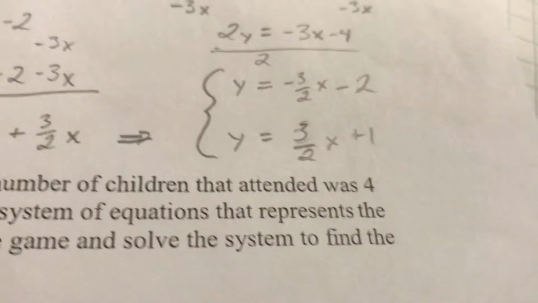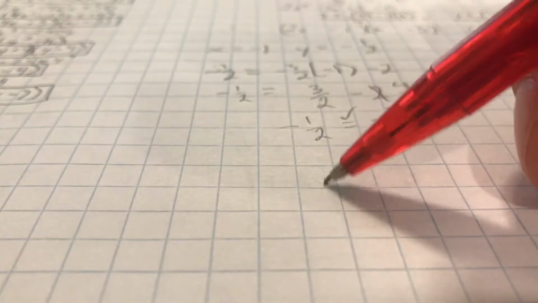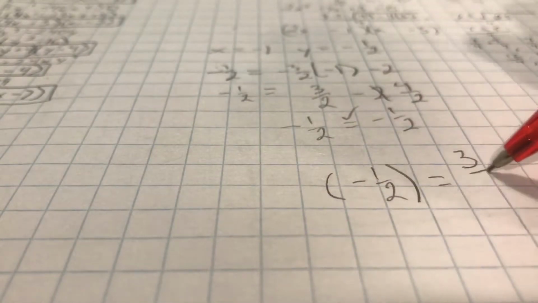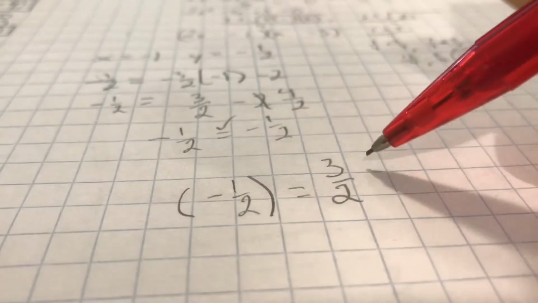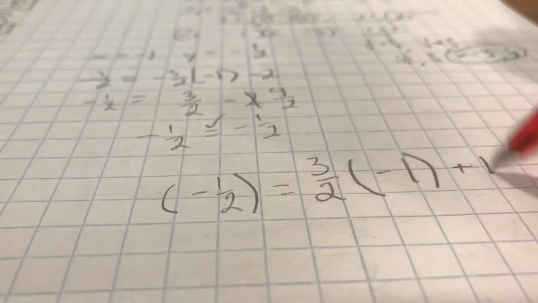is y equals 3 over 2x plus 1. So our y is going to be negative 1/2 equals 3 over 2 times negative 1 for x, plus 1.